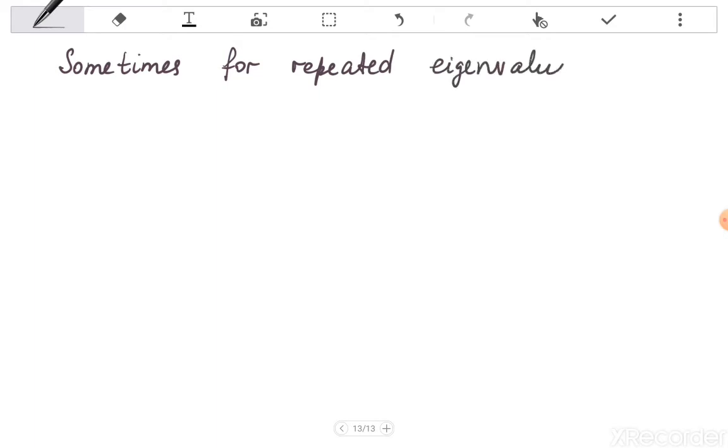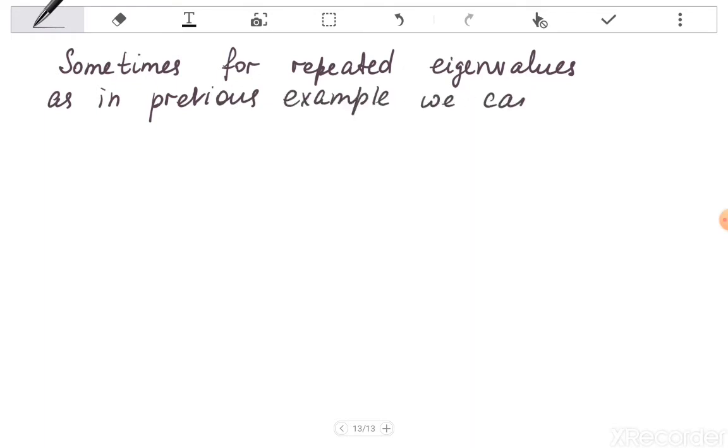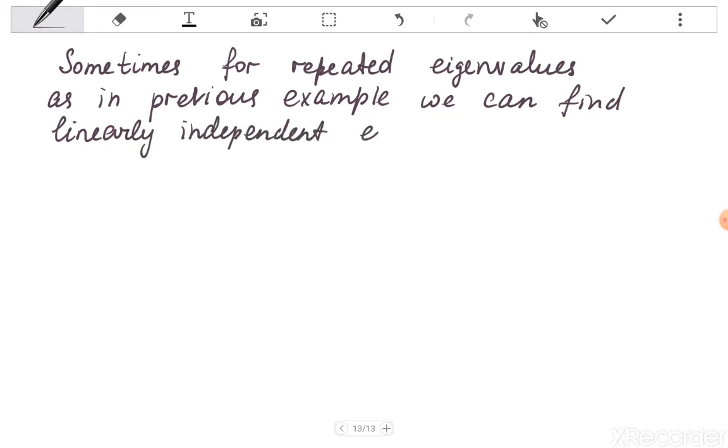And sometimes for repeated eigenvalues, as in the previous example, we can find linearly independent eigenvectors.